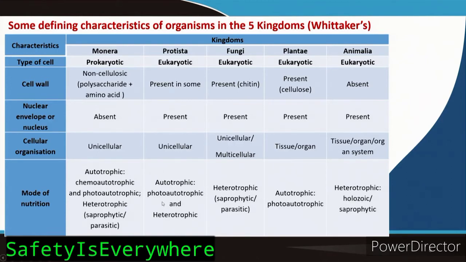Similarly, protista, which include protozoa and algae, can be autotrophic or heterotrophic. So you know that algae are autotrophic and protozoa are heterotrophic. Fungi are heterotrophic. They feed on dead biomass. So you know, when you've seen mushrooms and mold growing on all kinds of surfaces, they are saprophytic microorganisms.